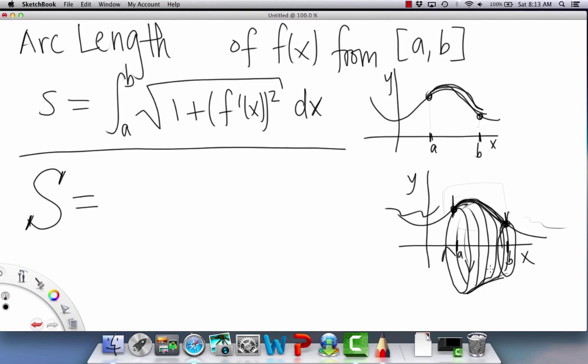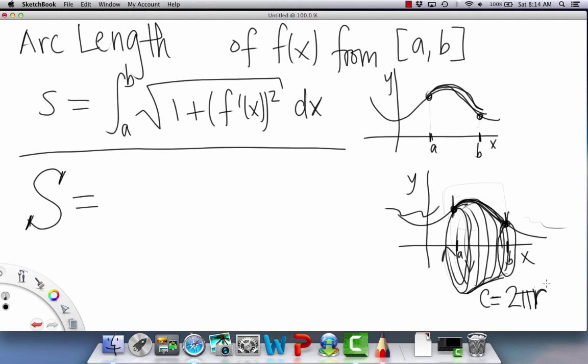around the x-axis. Okay, so for this, as you can see, take for example the first circle that I drew from A, this one right in the front. Well, the circumference of this circle is actually 2 pi r, right? Because we learned that in, what, geometry or something? 2 pi r, okay?